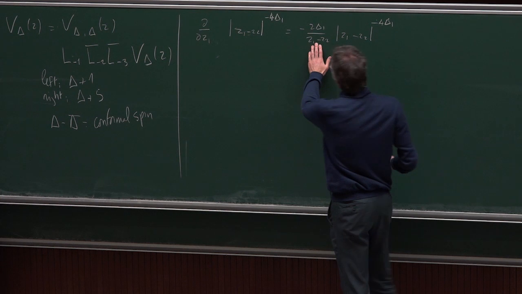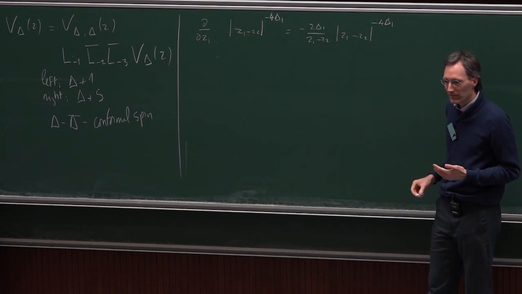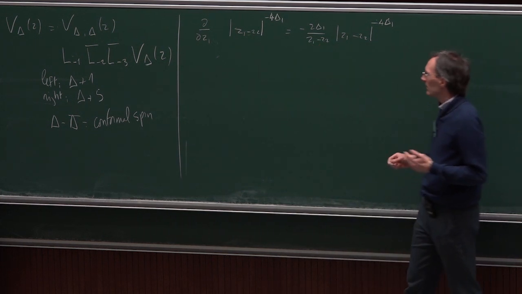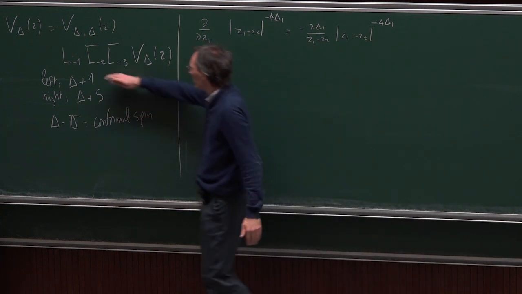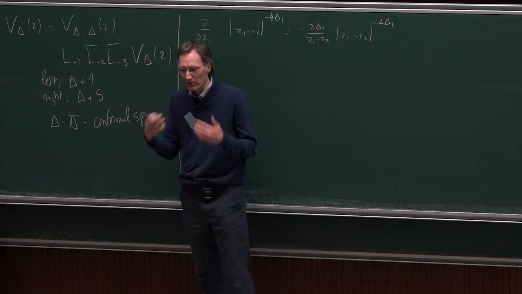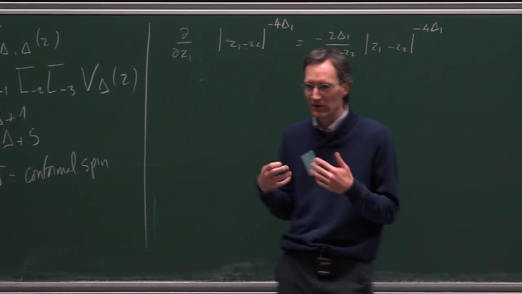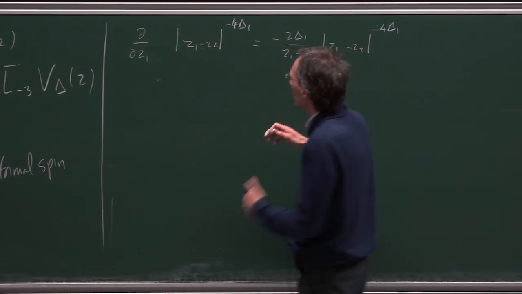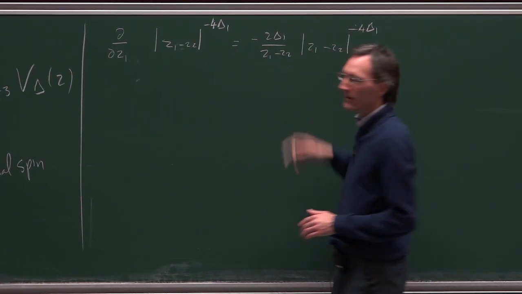So I will get this prefactor, but this prefactor itself is single-valued. It works the same for the other operators. They don't act just as derivatives, but as more complicated differential operators inside the correlation function. But always I get some single-valued prefactors of this type.